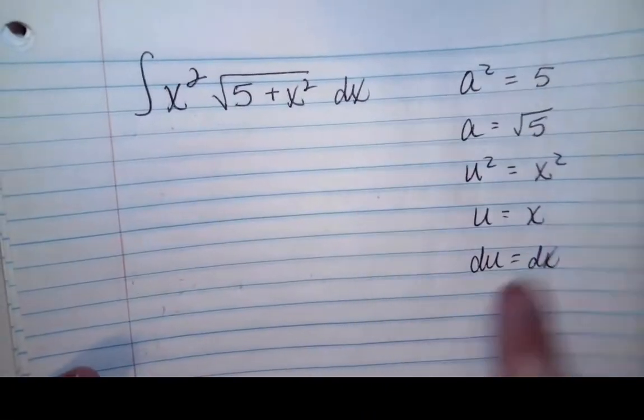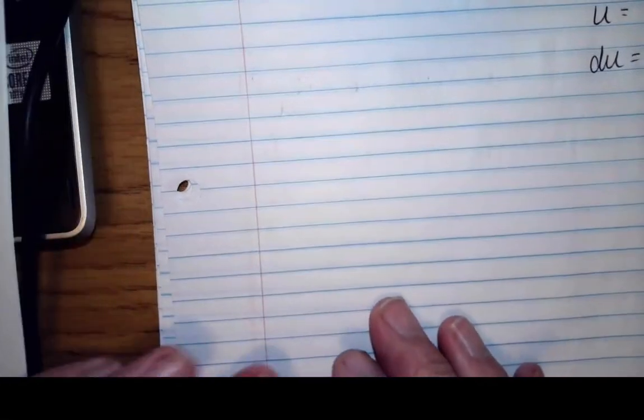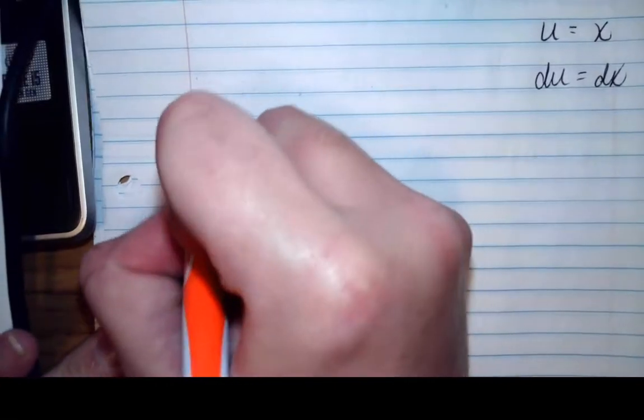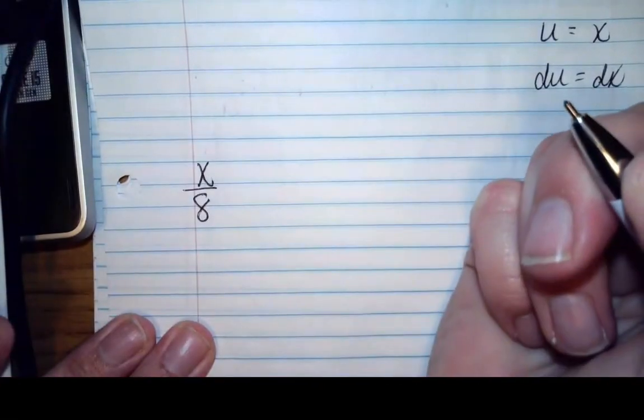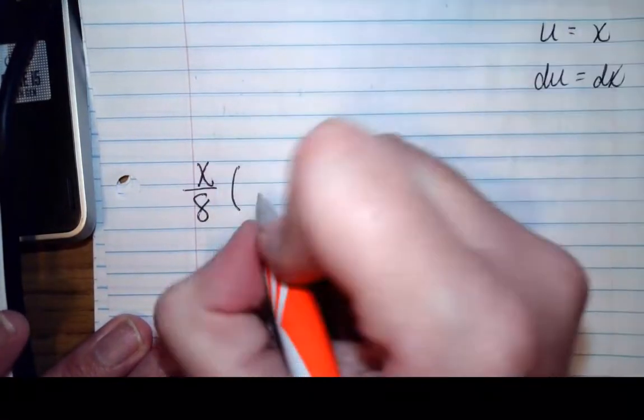So I probably have more than what I need over here, but I'm just going to go ahead and run it on through. I didn't need to balance anything because I've got my dx. All right, so I'm going to start filling this in. I have u over 8, so u over 8 is x over 8 times a squared plus 2u squared. A squared is 5. Let's make this a little bit bigger.